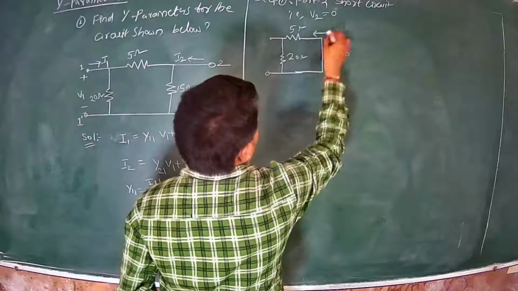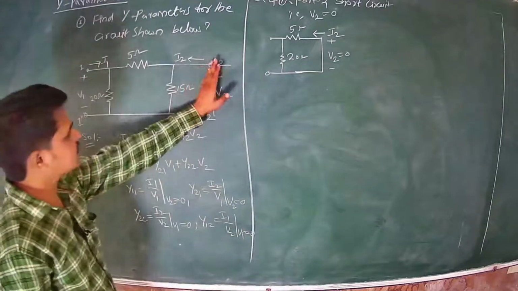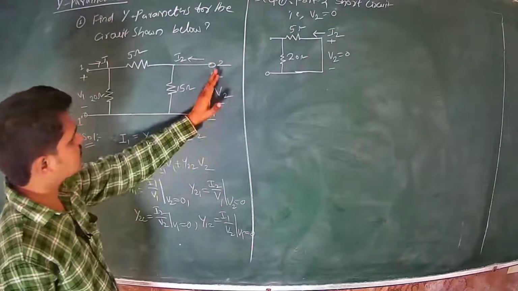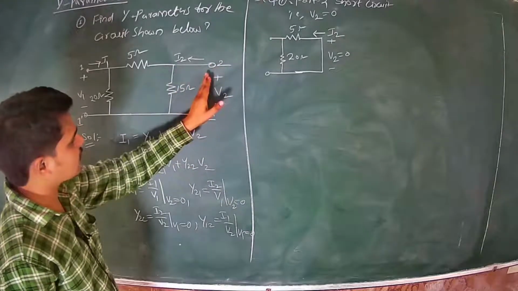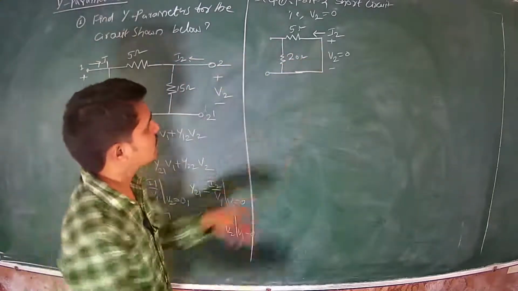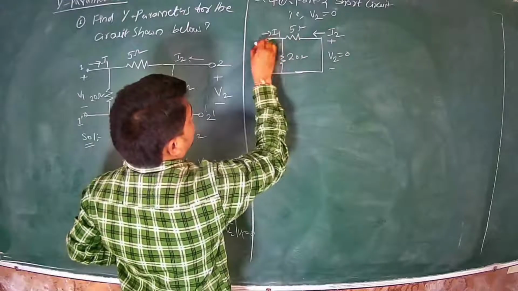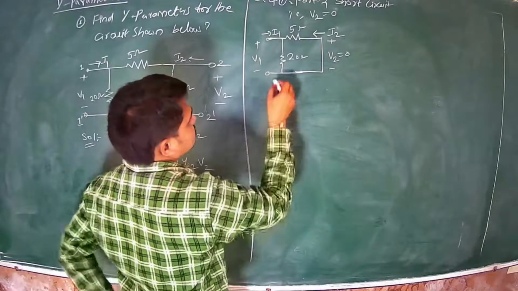Of course, the current I2 will exist, since short circuiting this port makes the parallel combination with 15 ohms zero. So this is I1 and this is V1.